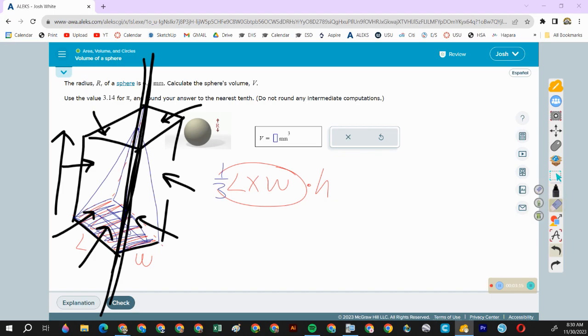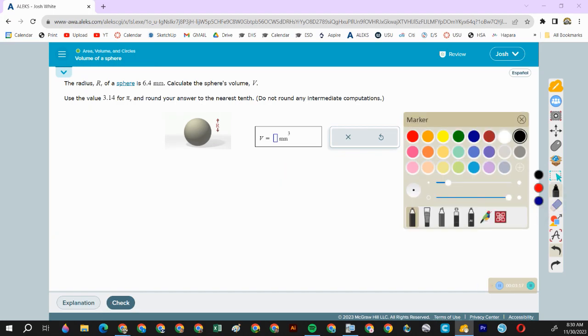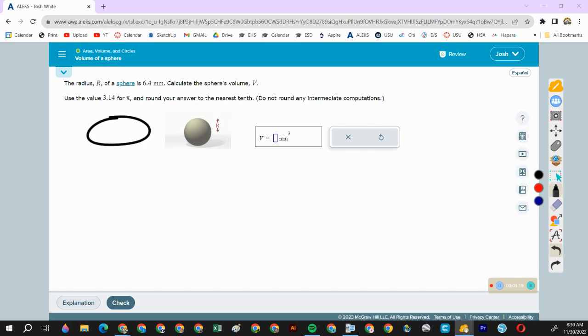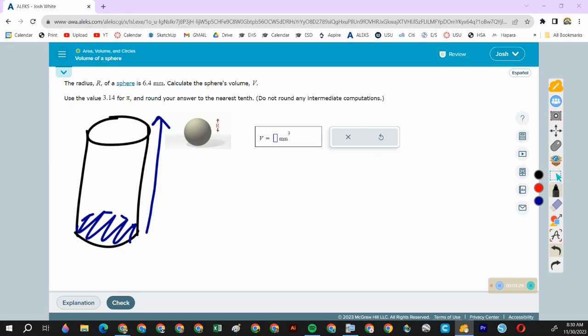Okay, well, what if we had a cylinder? Well, the formula still works, base times height. So if this radius was 5, then the area of the base is 3.14 times 5 squared.